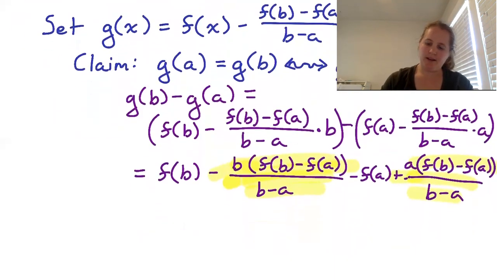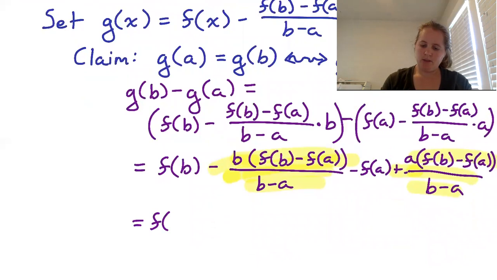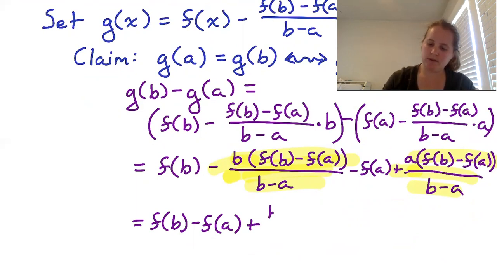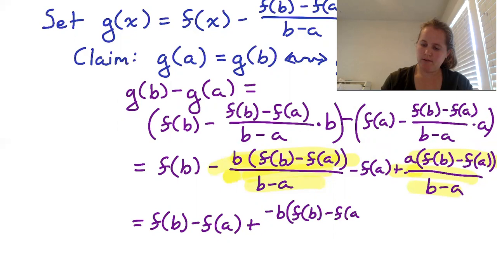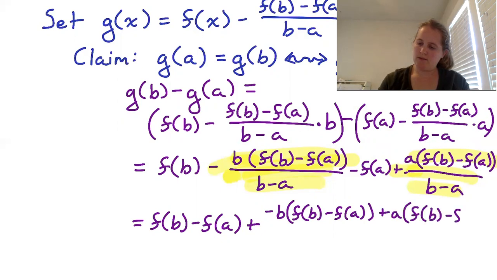So this is the same as f of b minus f of a, and then plus, I'm going to rearrange these quickly, a negative b times f of b minus f of a, plus a times f of b minus f of a, all over b minus a.